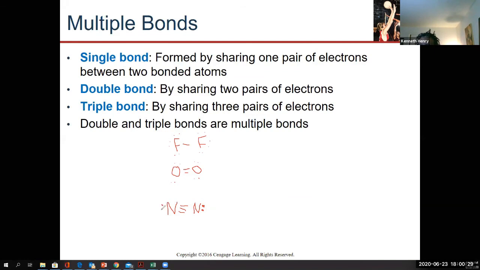Can you guys see my dots in all of those? Yes. Okay. Piece of cake?